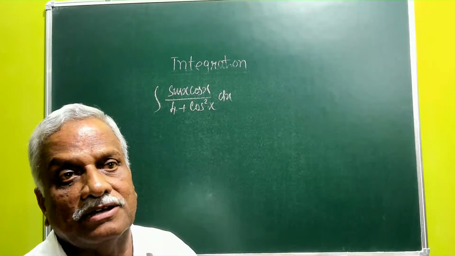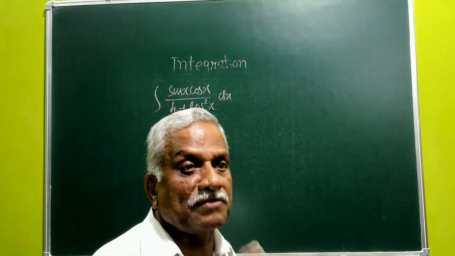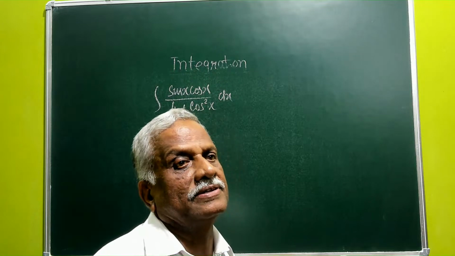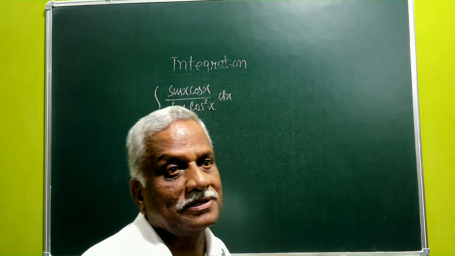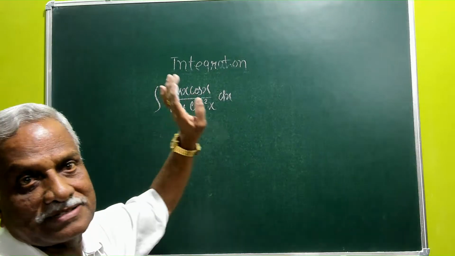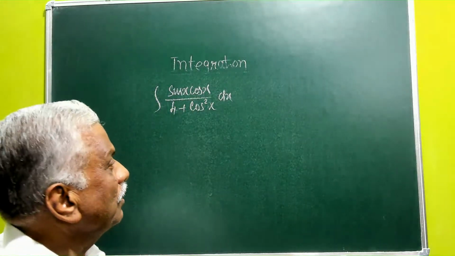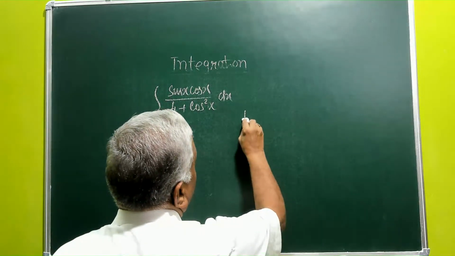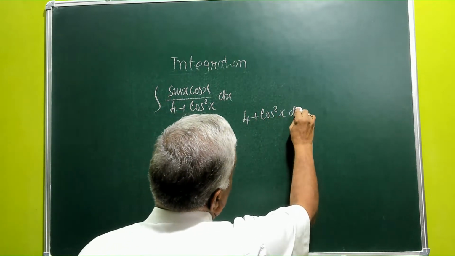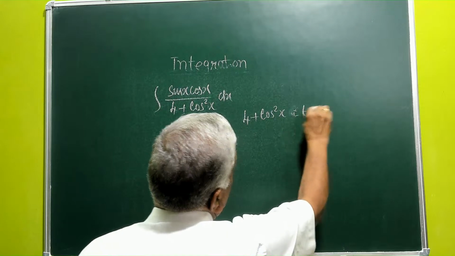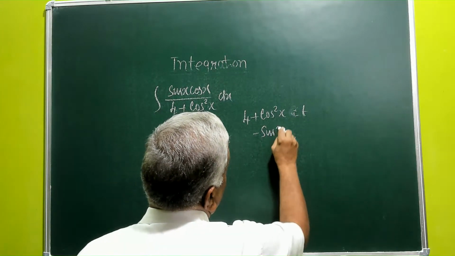What I said yesterday was, you should remember that the derivative of cos square x is minus sin 2x and the derivative of sin square x is plus sin 2x. So here we have sin x cos x, which is half sin 2x. Therefore, you take 4 plus cos square x itself as t.